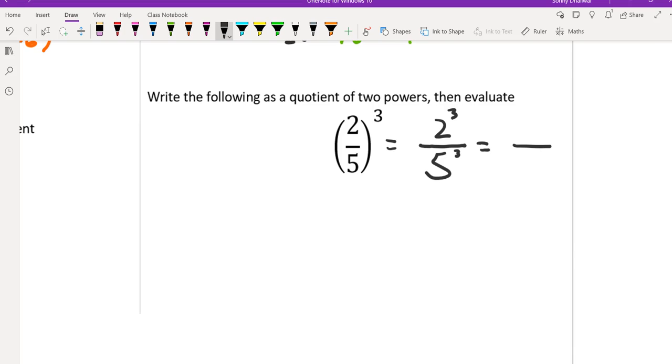So 2 to the exponent 3, can somebody do that in their head? 8. Then you take the bottom number and evaluate that. What's 5 to the exponent 3? 125. And that would be your answer for evaluating. Okay? And that is it.